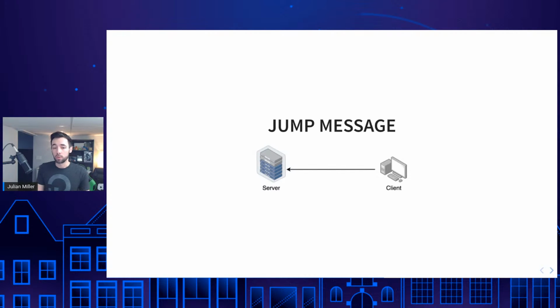Then the server is going to process that jump message, update the game state, and then it's going to send that player's new position back to them. And at that point, we can render that or draw it to the screen, and then we get our jump animation. So this is great. We don't have any more cheaters. But this actually comes with another issue, unfortunately.